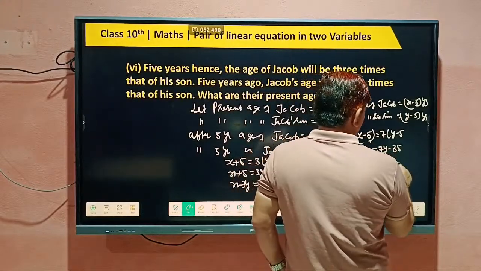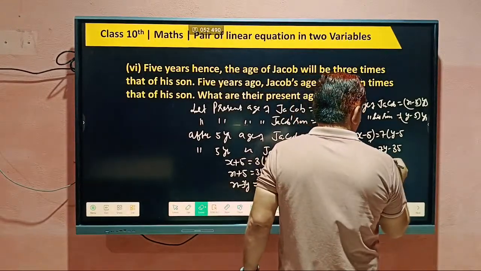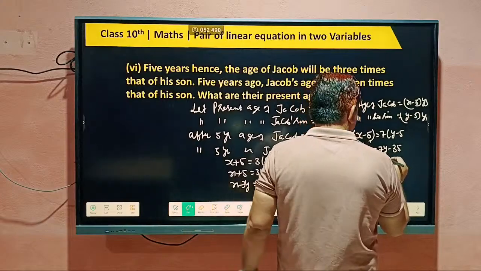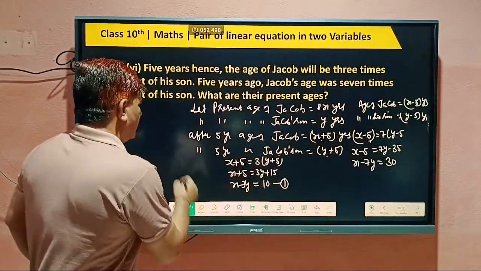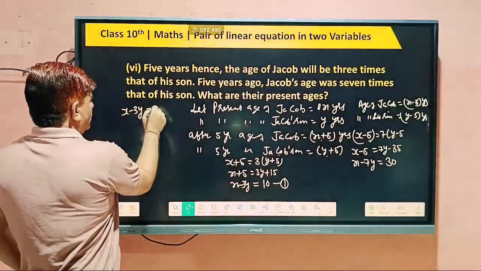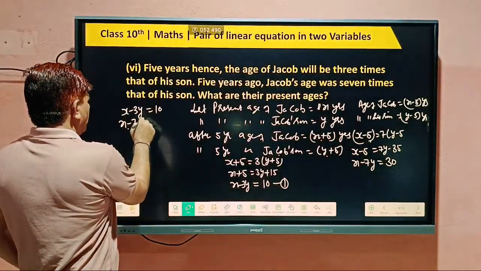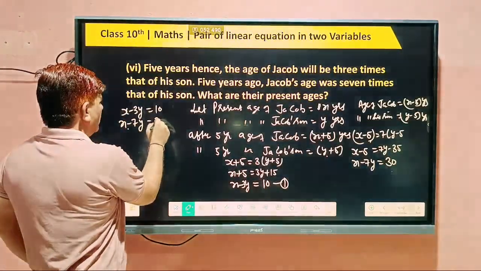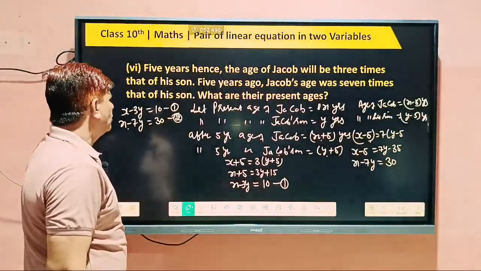Sorry, plus this. So how much is coming? 30 is coming. So one equation is x minus 3y is equal to 10, and another is x minus 7y is equal to 30. This is your equation number 1. This is your equation number 2.